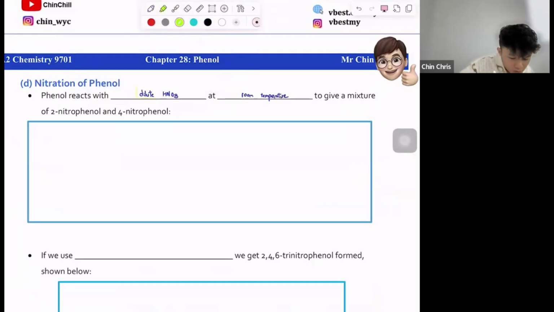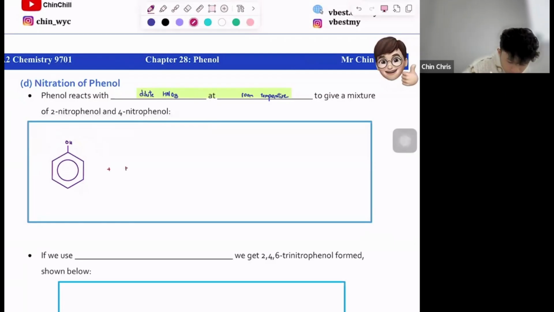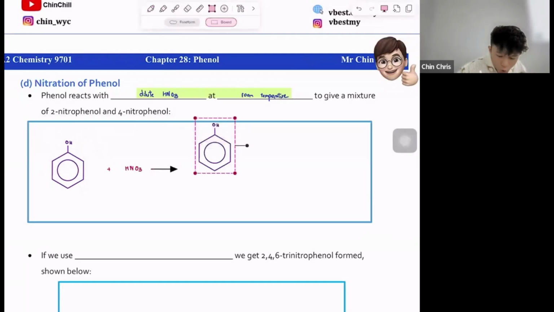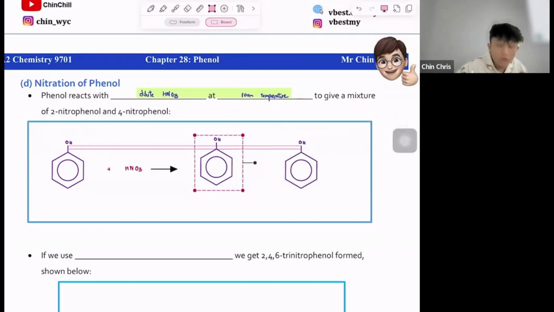Highlight the words dilute and room temperature. What will phenol form this time? Again, phenol is always position 2 and position 4 directing, so this will form a mixture.